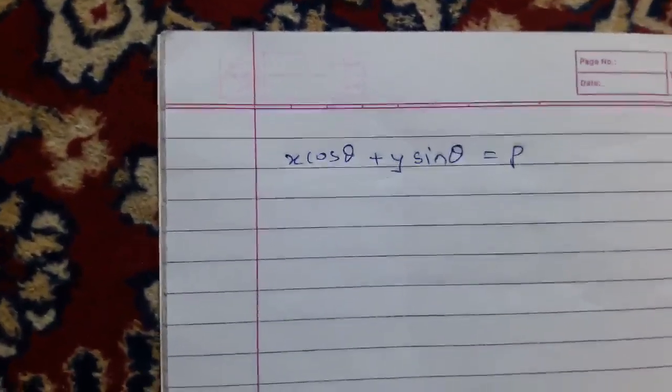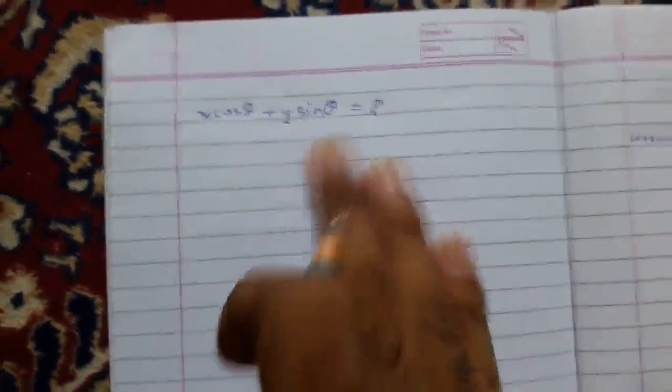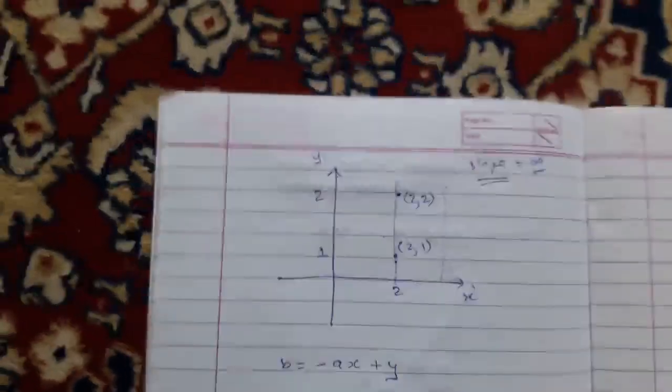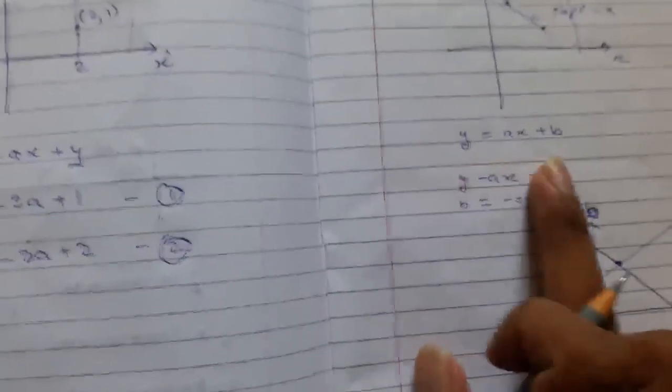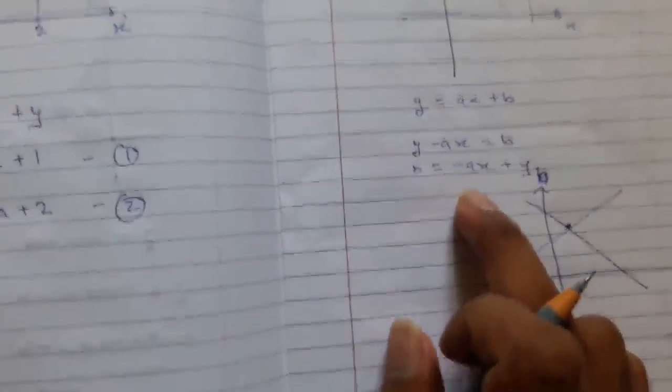So this is nothing but the parametric equation, but in the normal form. This is what is known as the normal form of a line. So we have this relation between x, y and theta, p, as we had this relation over here. We had b is equal to minus ax plus y.